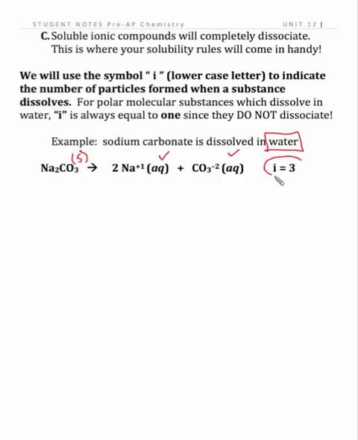Now, I want to explain what this i equals 3 is. It's the number of particles or ions that are in solution. This is going to come into play a little bit later on in our discussion. So let's take a look at how we're counting 3. Now, when this is together, I have 2 sodiums bonded together.